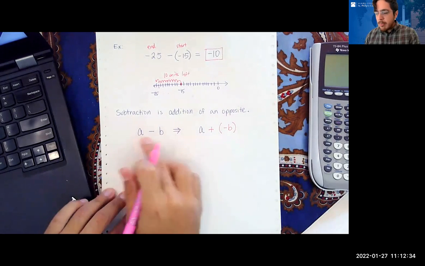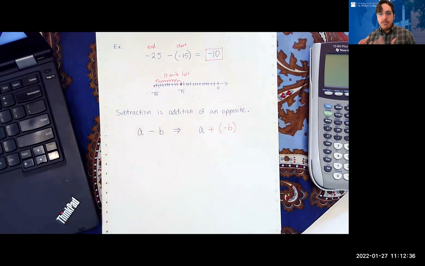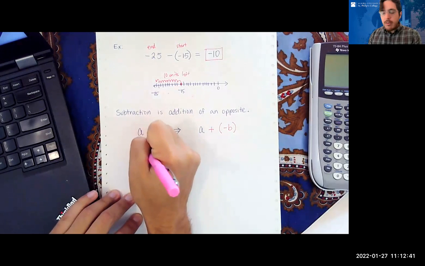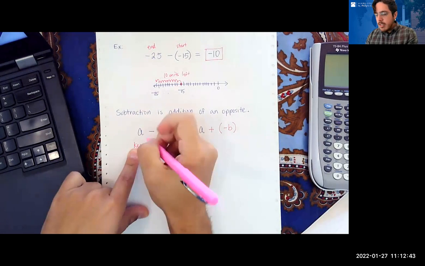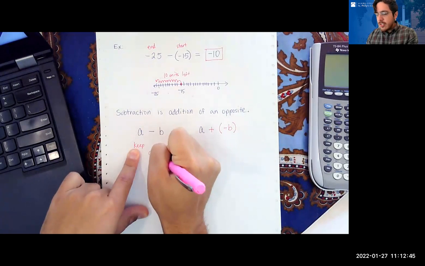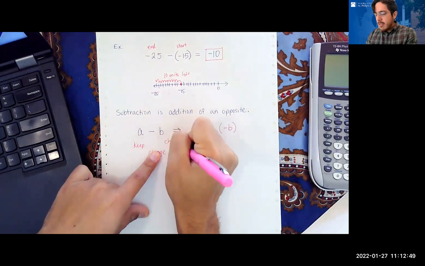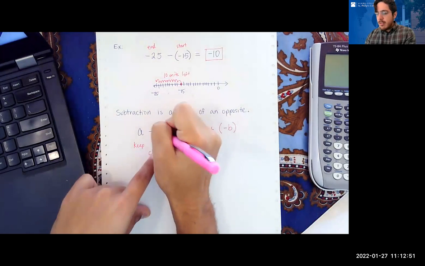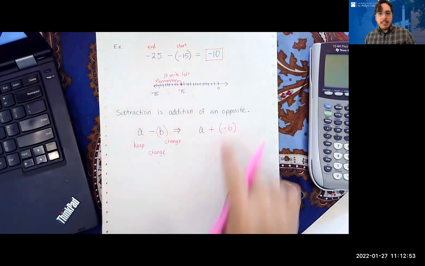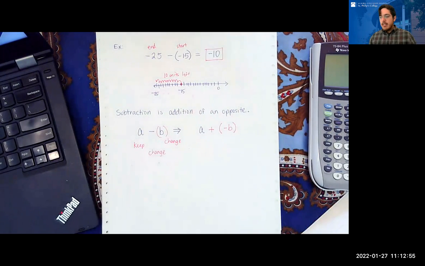If we have a problem that's subtraction and it's sort of confusing to us, then we can just keep the first number the same, change to addition, and then change the second number to its opposite. Okay.